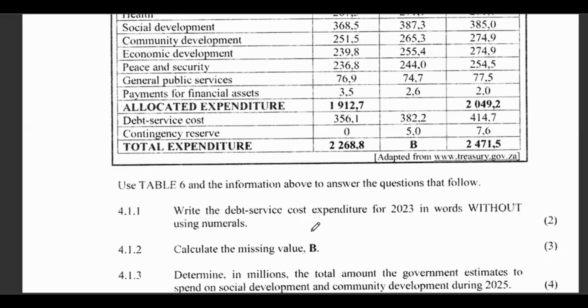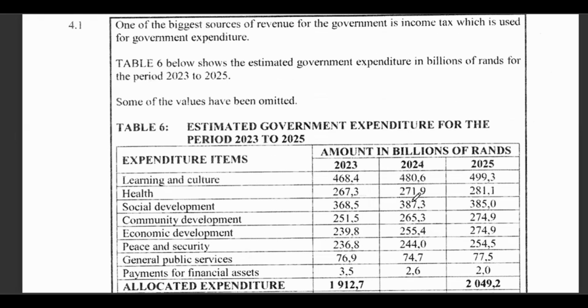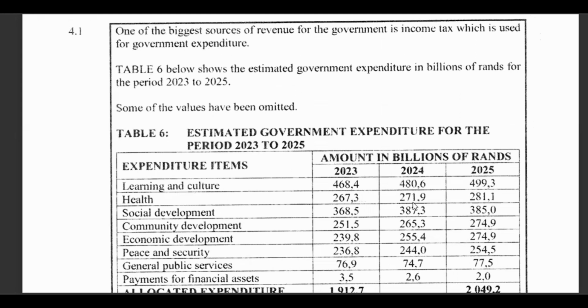So in words, 2023, remember, these values are in billions. And a billion is 10 to the power 9. You understand? If it's to the power 12, it becomes a trillion. Power 6 is a million.